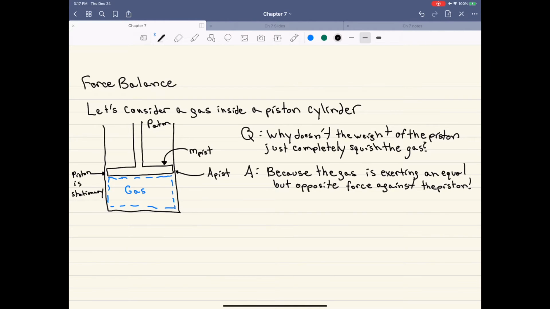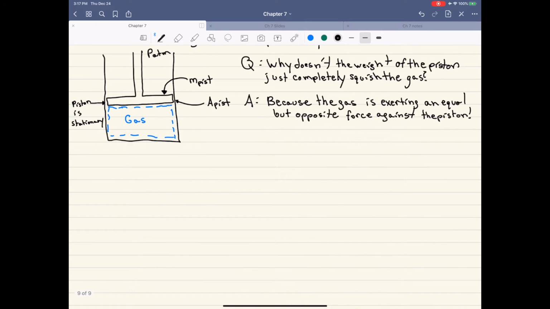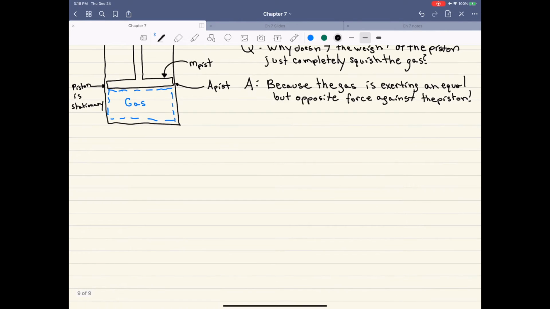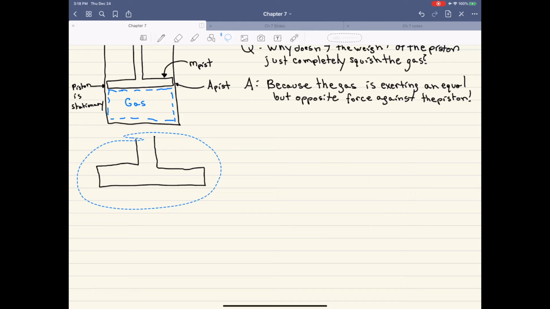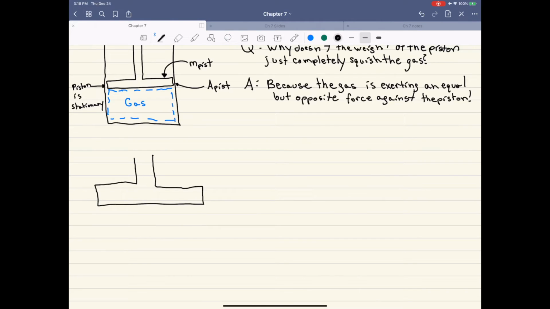To explain this more clearly, I want to zoom in on the things that are occurring right where the gas meets the piston. Let me space this out a little bit better. So let's zoom in to get a closer look.